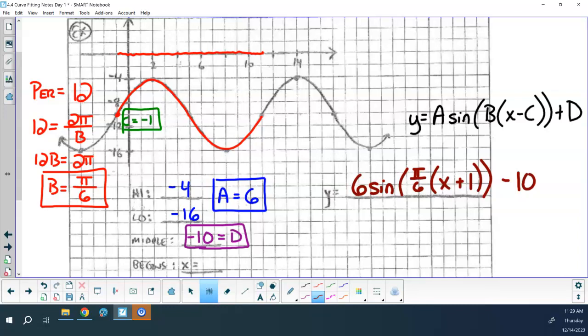Would this one also be acceptable? Would that work?